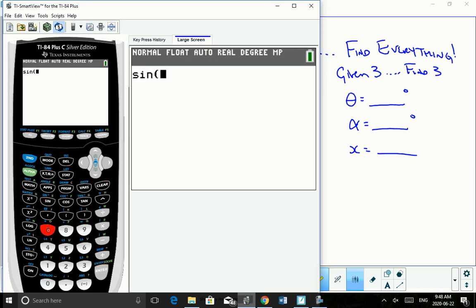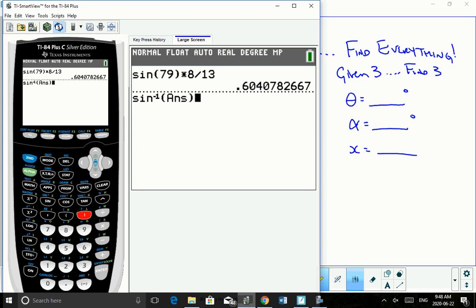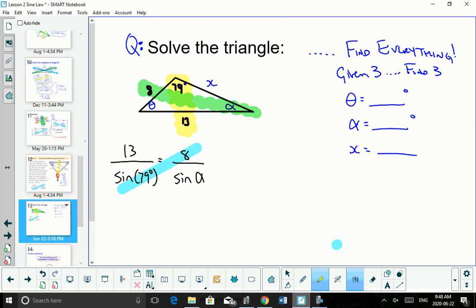And again, make sure that bracket is finished off after the 79. You should get out a 0-point number. Because I'm looking for an angle, I go second sine ANS, and I get out 37.2 degrees. So I'm just going to round that to 37 degrees.